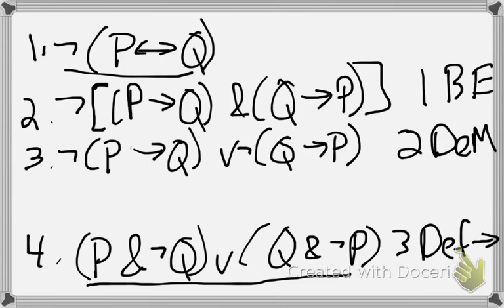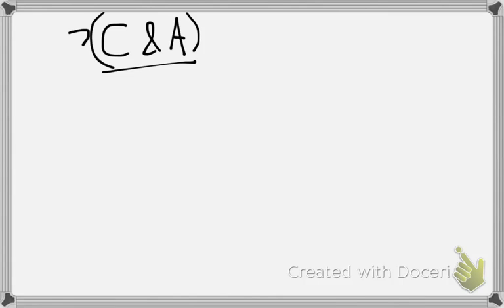Okay, let me think of another good one. Well, suppose we have the formula not C and A. We'd like to do something useful with that, but we really can't do anything useful with this.